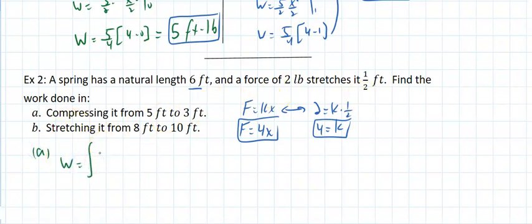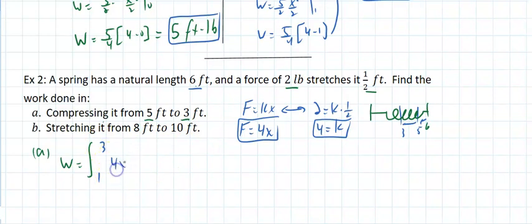Now the reason we're using the integral, you'll notice if you stretch it half a foot, if it takes 2 pounds for the first half a foot, that doesn't mean the next half a foot will take 2 pounds worth of force, because as you stretch the spring it becomes more resistant, or you compress it, same thing. So here we want to figure out compressing it from 5 to 3. Well, if its natural length is 6 and you want to compress it from 5 to 3, isn't that really from 1 to 3 with respect to 6?